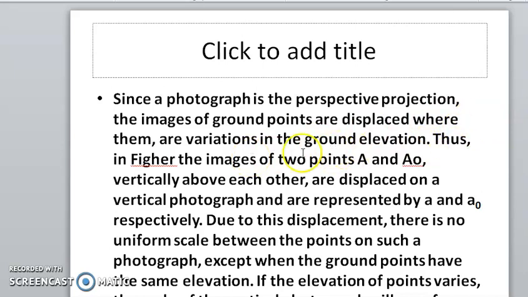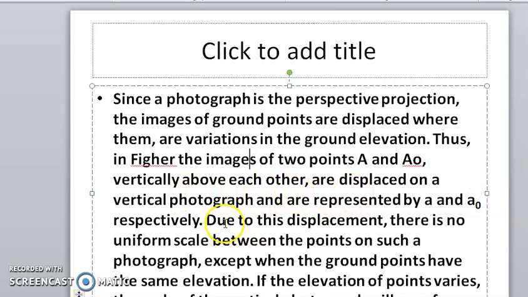Thus, in the figure, the images of two points A and A0, vertically above each other, are displayed on the vertical photograph and represented by a and a0 respectively. Due to this displacement, there is no uniform scale between the points on the photograph, except for ground points that have the same elevation.